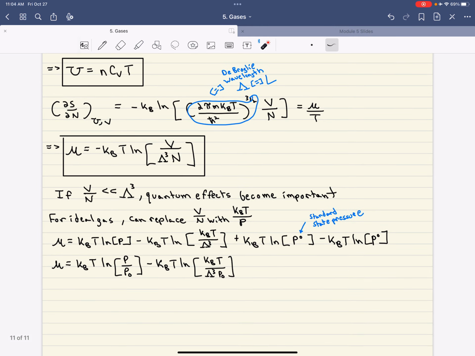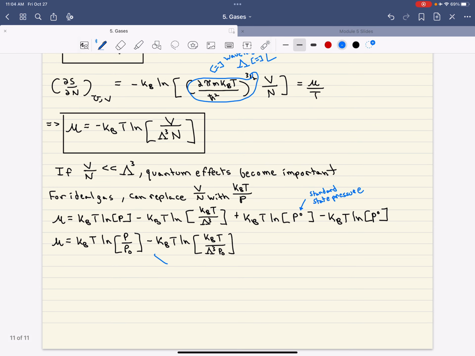For the second term, for a given temperature, all these things are just going to be constant, right, for a certain temperature. And so I'm going to define the second term as a standard state chemical potential. Right? So just like we had a reference pressure, we also have this reference chemical potential. And essentially what this standard state chemical potential does is describe properties that are internal to the molecule.